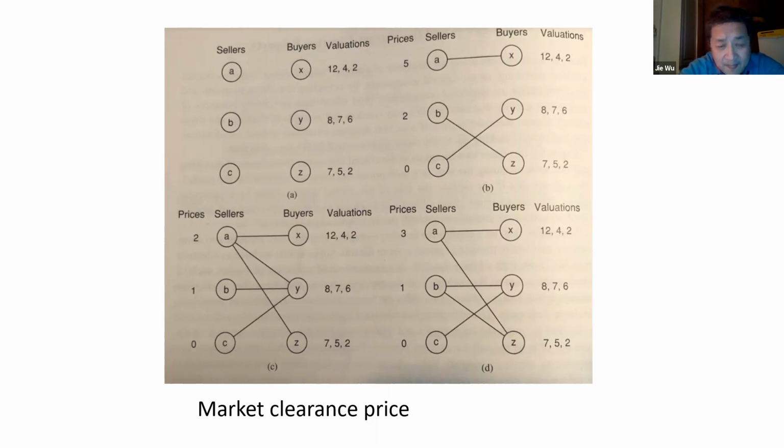Look at Y's valuation of A, B, C: 8 million, 7 million, and 6 million. They differ by 1 million. So if the first boy proposed 2 million, the second boy 1 million, and the other one 0 million, actually it's virtually a tie situation.